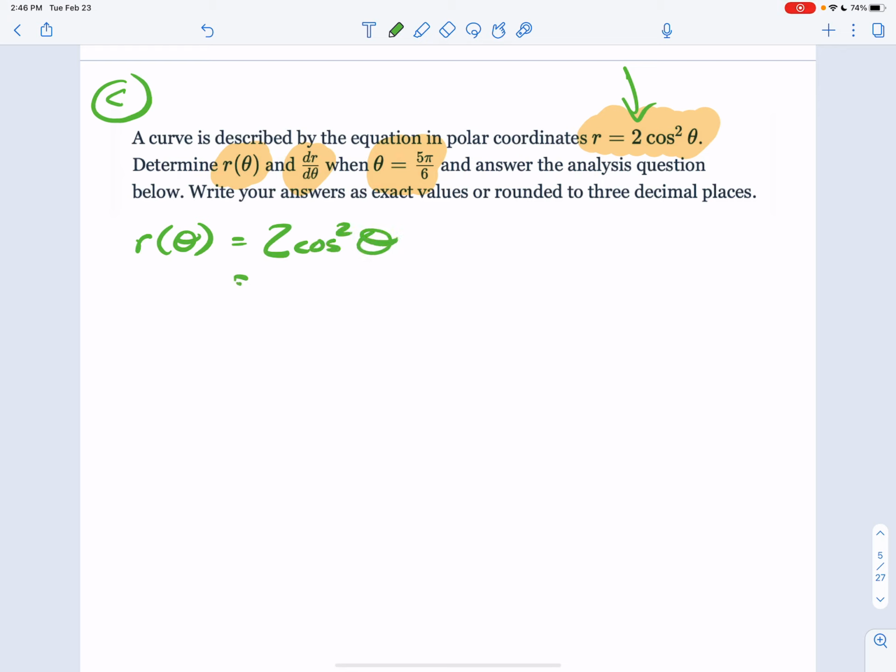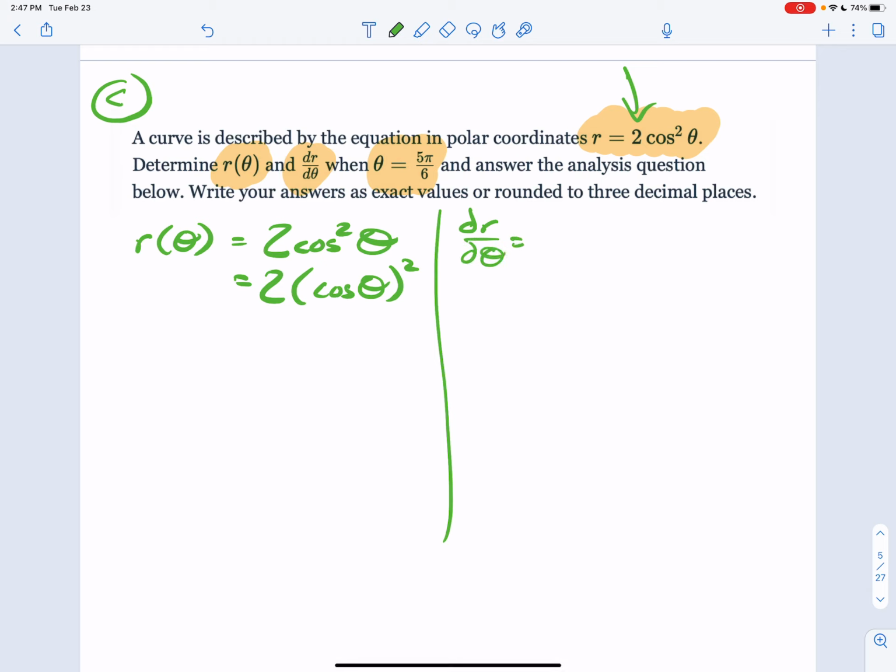Okay, now in DeltaMath, you might have to type it as 2 cosine theta quantity squared. Okay, so with that, can we figure out what dr/dθ is? Okay, this right here would have to involve what, right? Press play whenever you're ready.